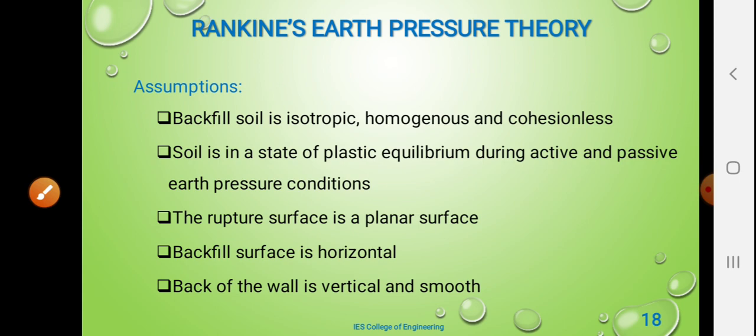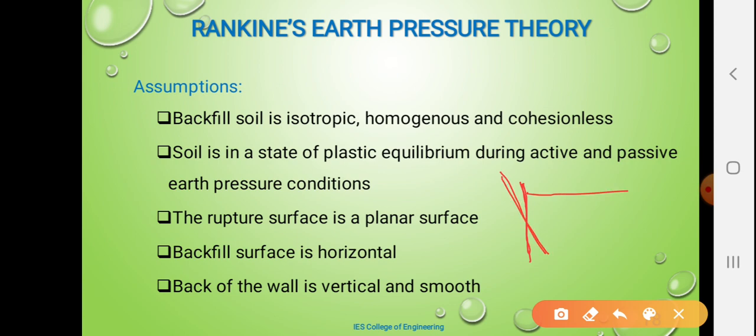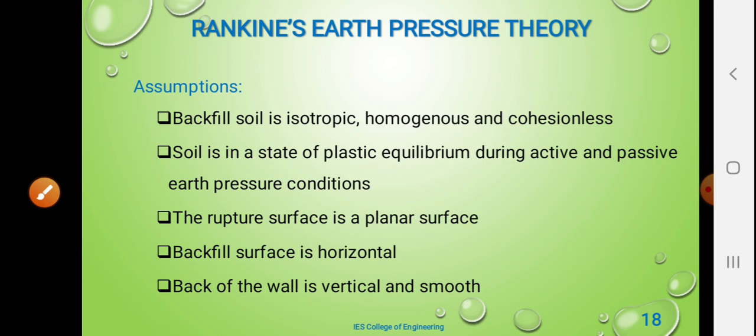And the last one is the back of the wall is vertical and smooth. Vertical means if this is the wall, it should be vertical, it should not be inclined. And the back of the wall is smooth means the friction between wall and soil is 0.